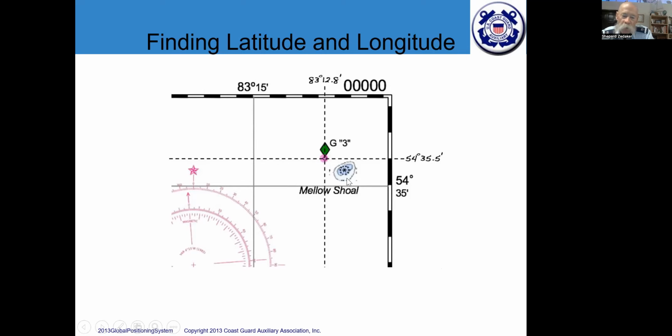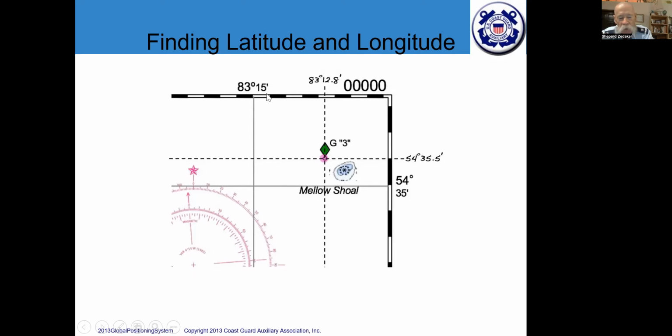So up in the upper right-hand corner of the old chart we were looking at, you had this green number 3 that we saw a picture of. And if we wanted to determine its latitude and its longitude, okay, we would simply line up our parallel rules. We'd go down to green 3 or over to green 3, and we would find that lined up with our scales at a particular point.